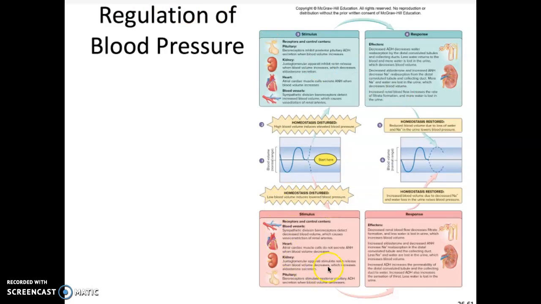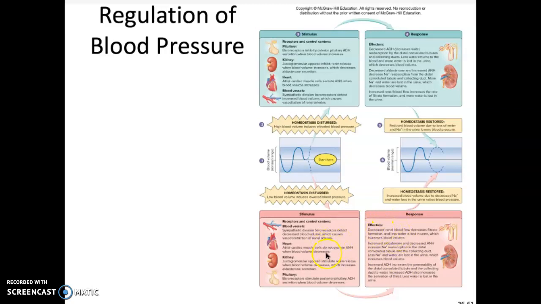On the contrary, if we have low volume or low pressure, then the sympathetic division receptors are going to be decreasing, sorry, decreasing the renal blood flow, and then less urine is produced.